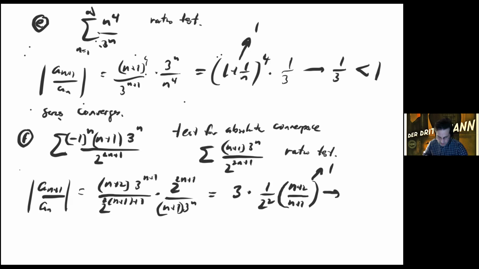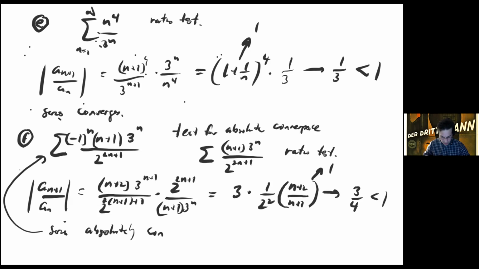So the entire thing goes to 3/4. Now 3/4 is strictly less than 1, so the ratio test applies and the series of positive terms converges. So the original series, the series up here, absolutely converges. Absolutely, as an old friend of mine who passed away said. Okay, so that's part F.